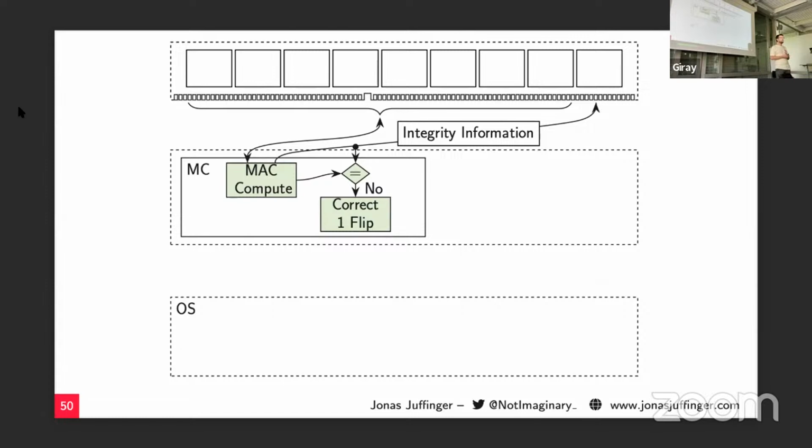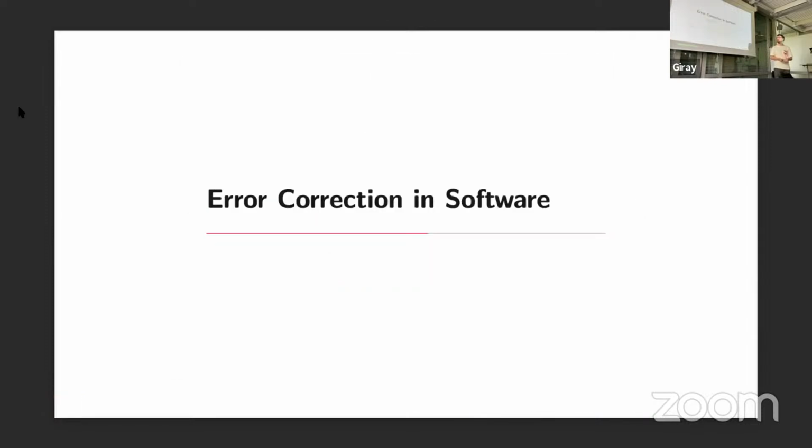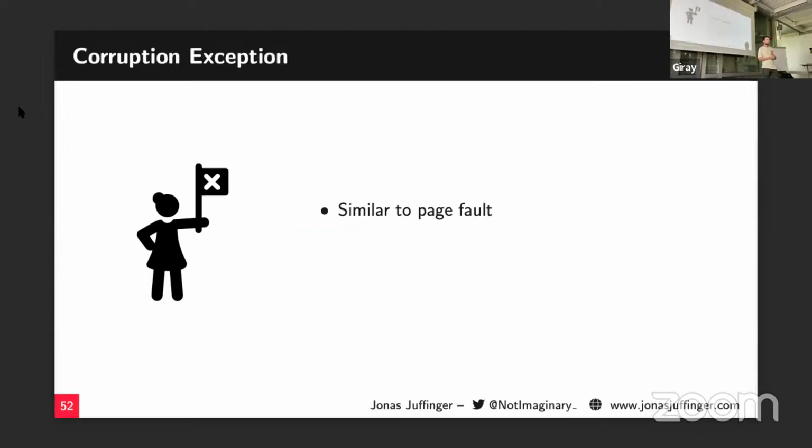If there are more bit flips, we delegate to the OS through a new exception that we introduced in our design, and an exception handler that then basically does the same thing, but in software. They have some nice code for you there. So we do error correction in software now. We have this corruption exception that's similar to a page fault. It gives us the physical address in the CA2 register.